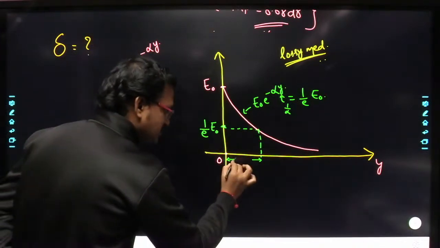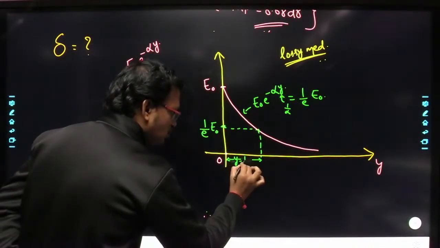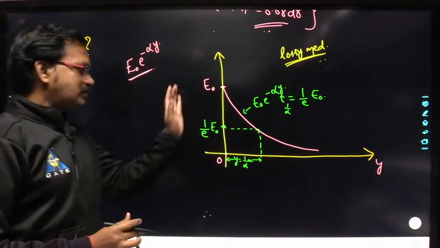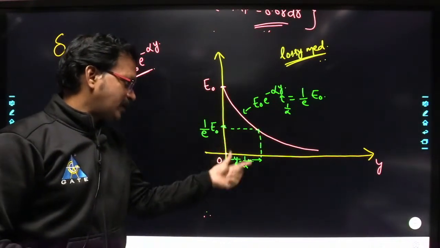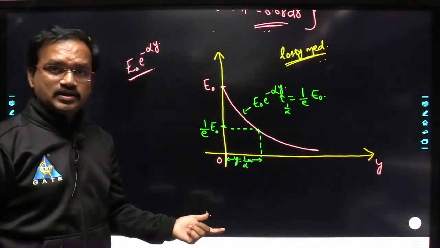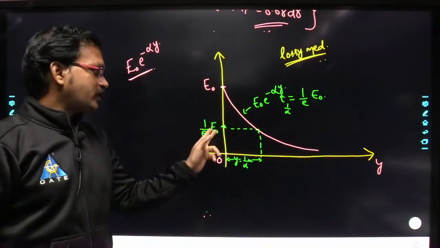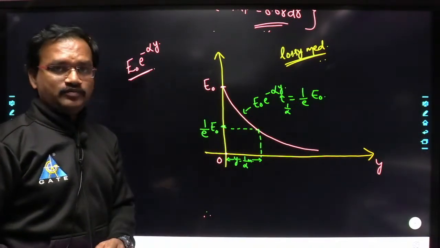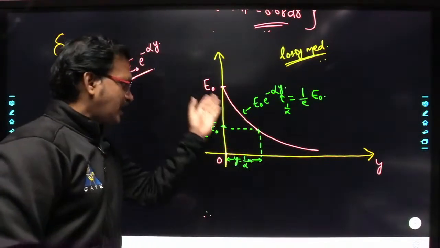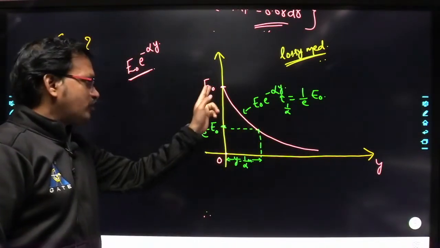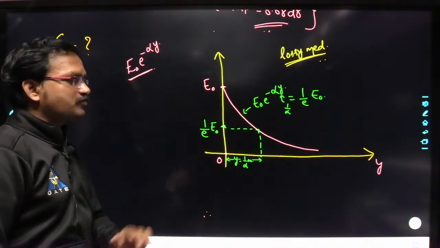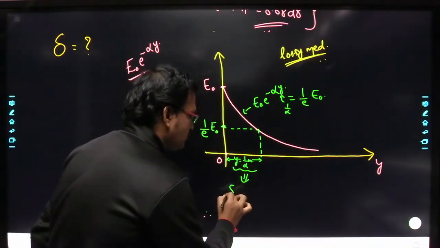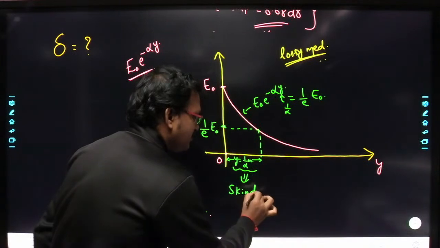So this distance is y equal to 1 by alpha meters. Whenever the wave penetrates into a medium by a distance of 1 by alpha meters, the amplitude is going to become 1 by e times of its initial amplitude. So this depth to which an EM wave has penetrated before its amplitude decays to 1 by e times of E naught is called as skin depth.